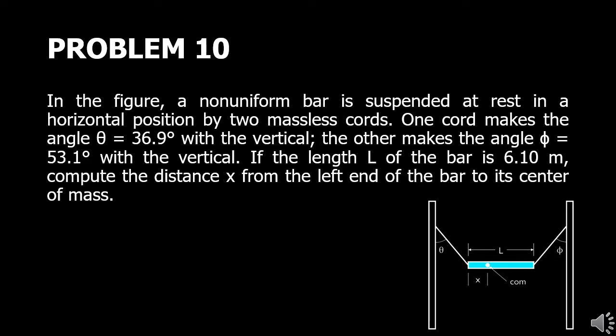Sometimes an ambiguous designation, depende doon sa figure. Hindi porket nasa gitna yun na agad yung center of mass. This is given by the fact that the bar is non-uniform. So this just adds that your bar can have center of mass na wala doon sa center.